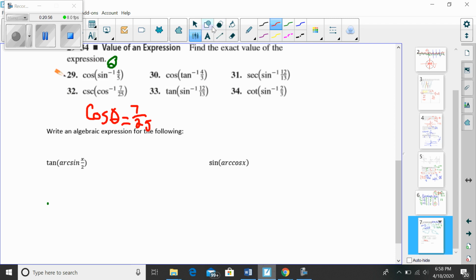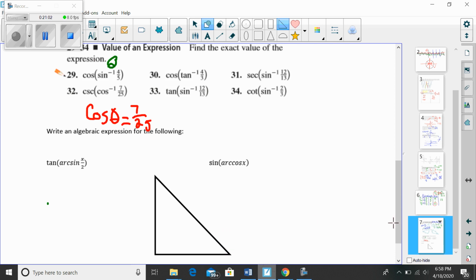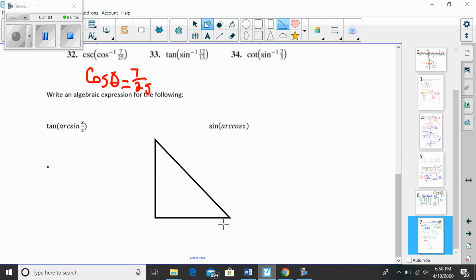Let me draw a better triangle instead of a pathetic looking one. There we go. I've got my right angle, and I'll call this angle theta. For theta, adjacent over hypotenuse is 7/25. Then I want to find the cosecant.